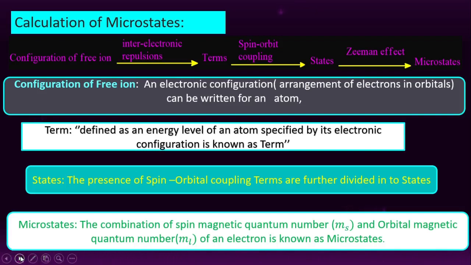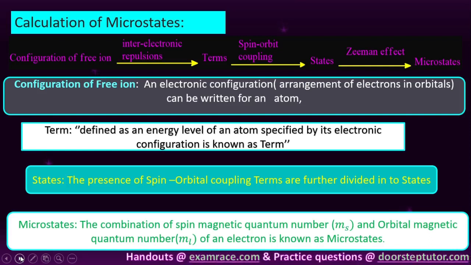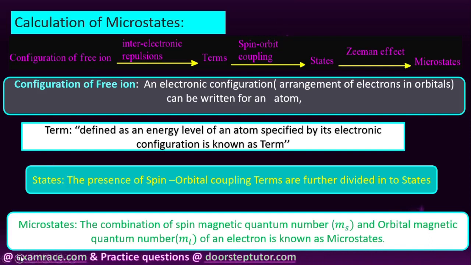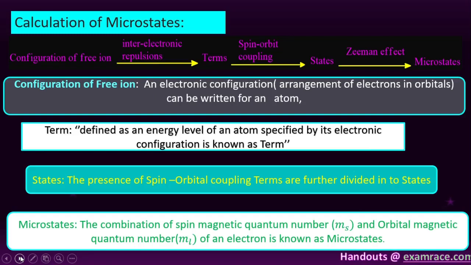Clear, right? So that is the combination of spin magnetic and orbital magnetic quantum number. So these are the terms involved in the calculation of microstates.